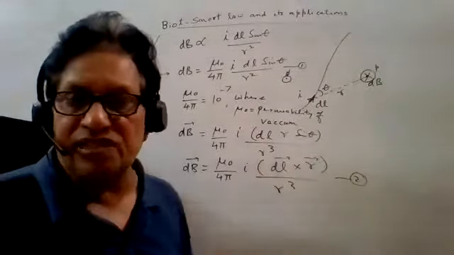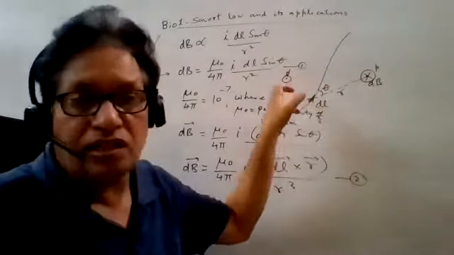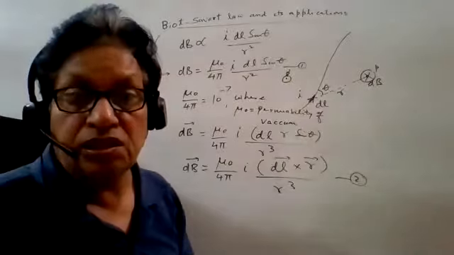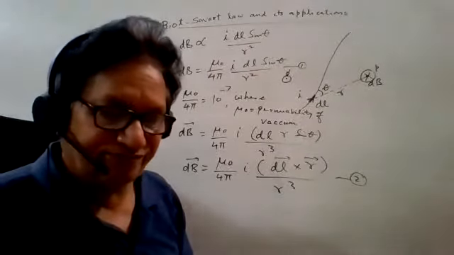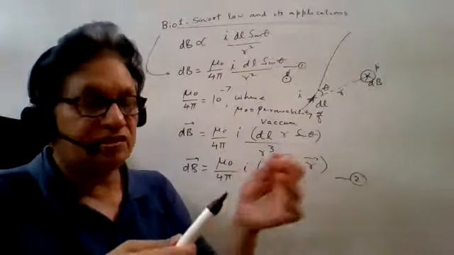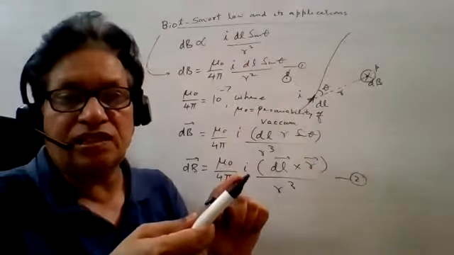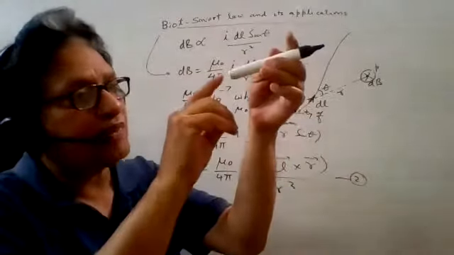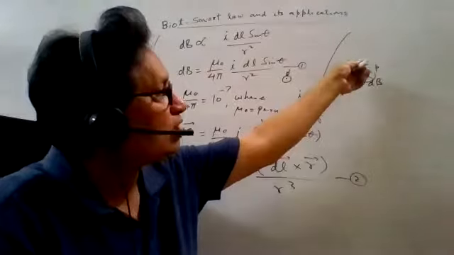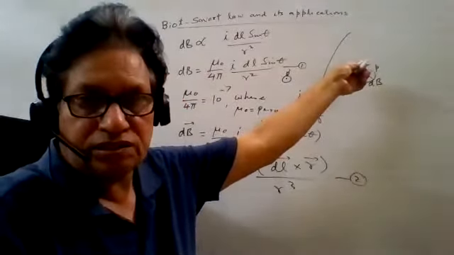We are very much familiar with cross and dot in the cross product in 11th class, because this is a vector. Suppose the tip of the vector is the dot and from the back side it is the cross. So if it is going into the board, you can see the cross.